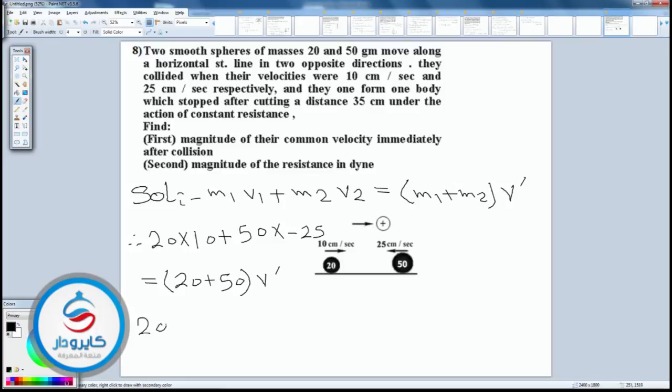Therefore, 200 minus 1250 equals 70 V dash. Therefore, negative 1050 equals 70 V dash.